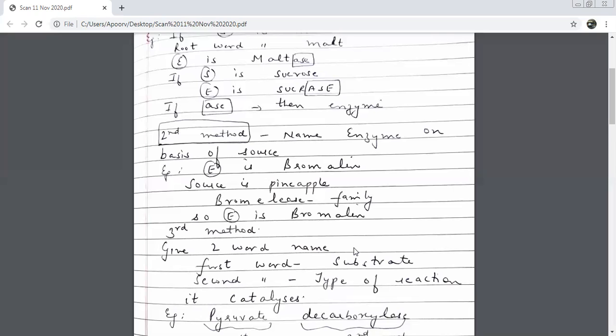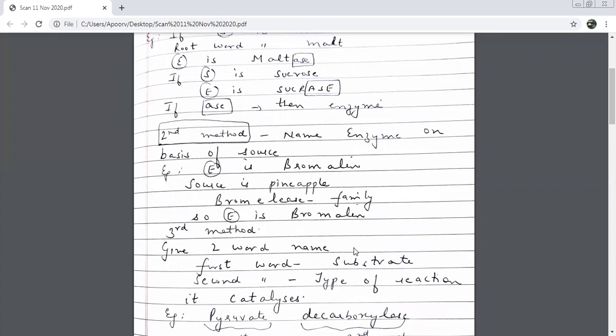Some people are saying isomerase, some are saying lyase. Yes, EC4 is lyases. What is the function of lyases? Breaking of bonds without addition of water.